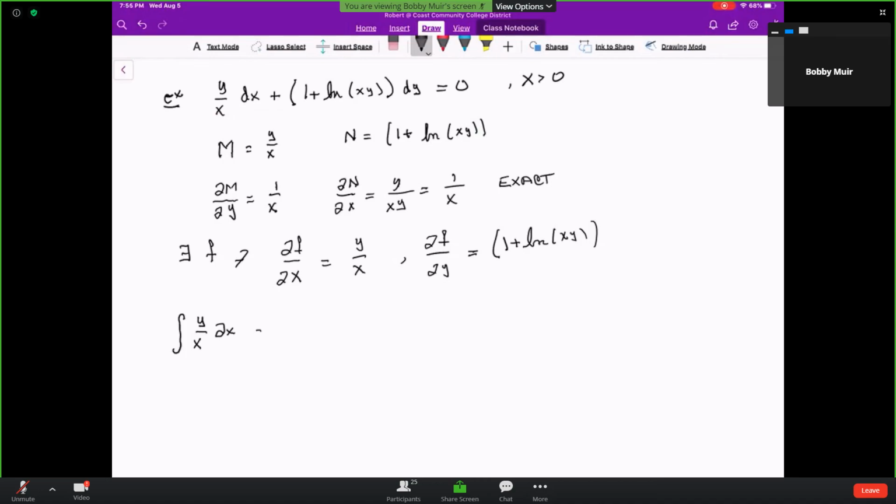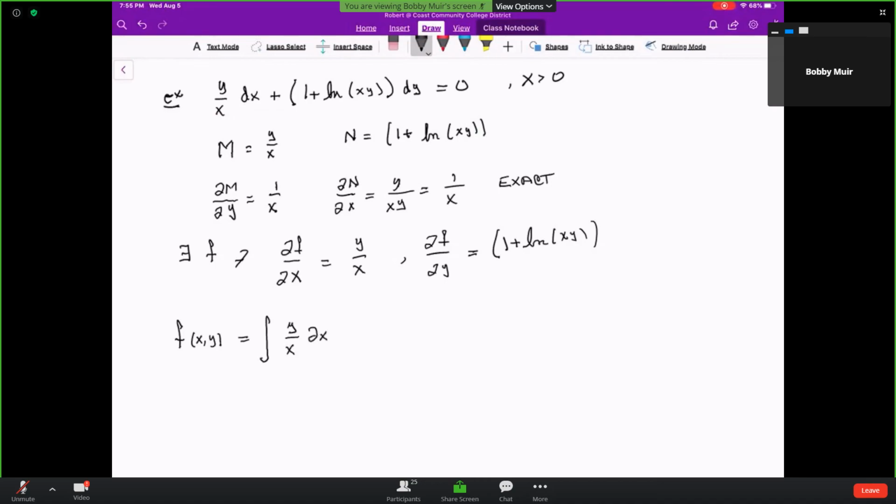So f(x,y) is going to be the integral of y over x, but we're only partially integrating.